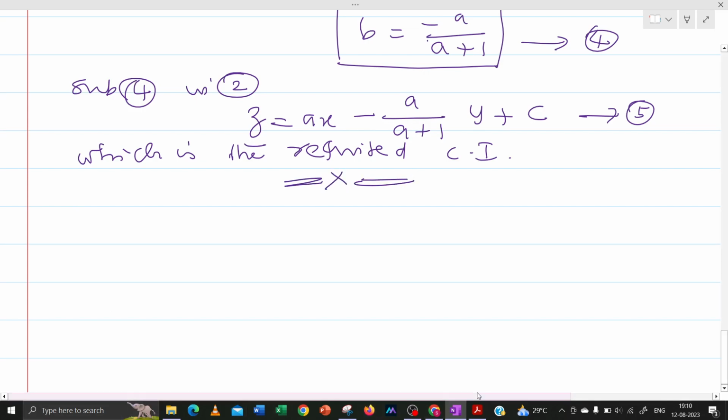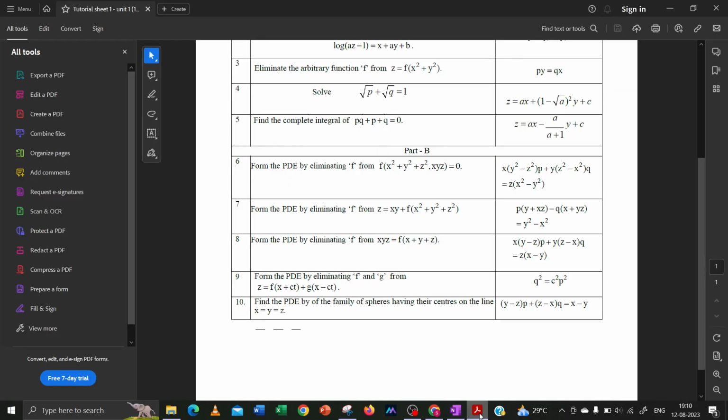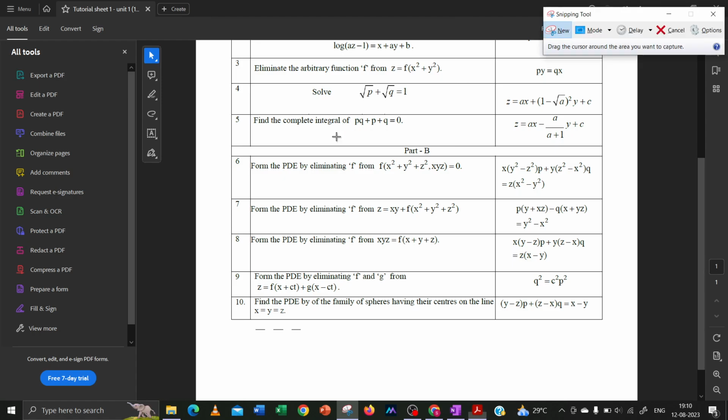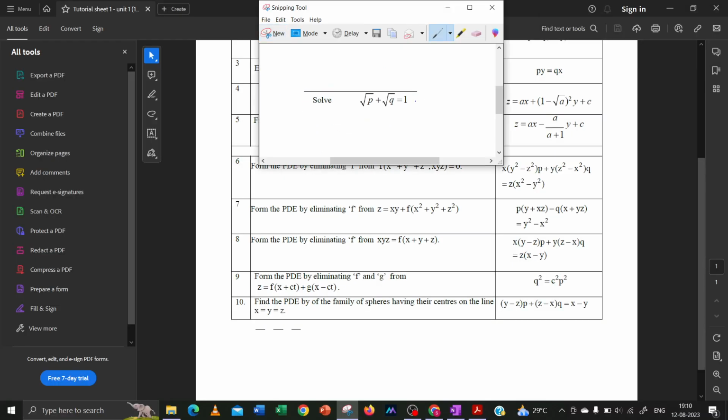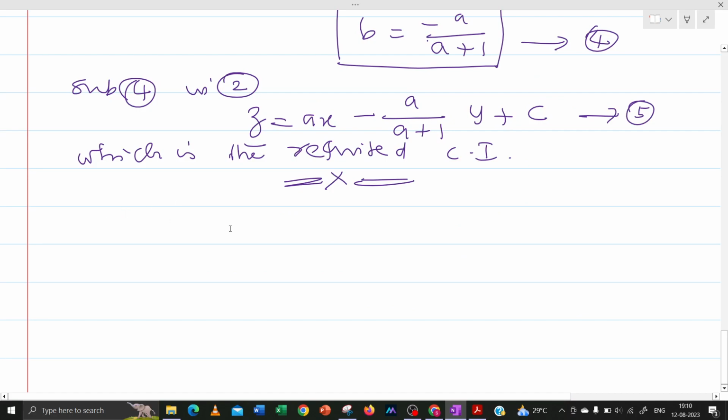Next problem is, see this fourth problem, root p plus root q equal to 1. So write the solution for this.